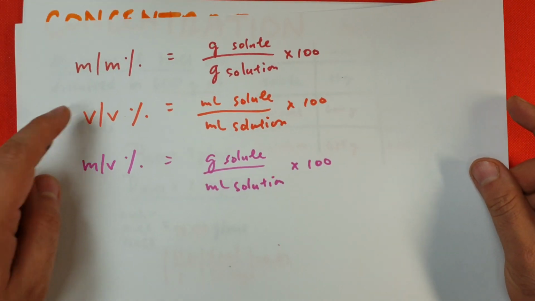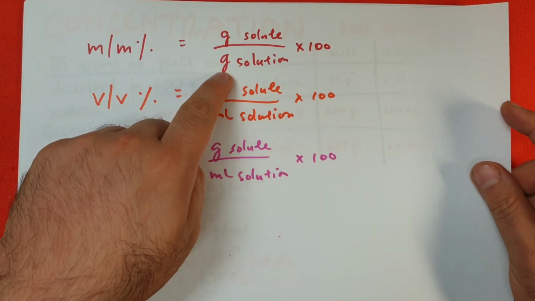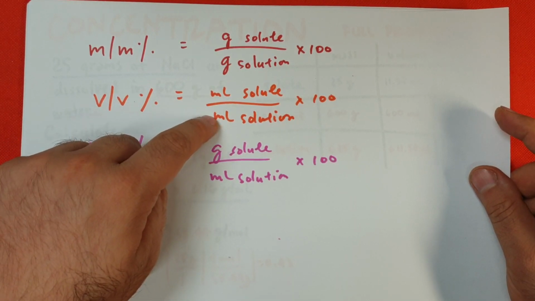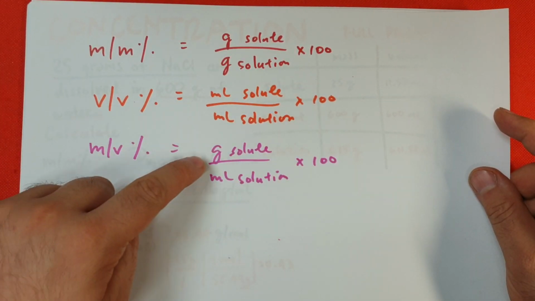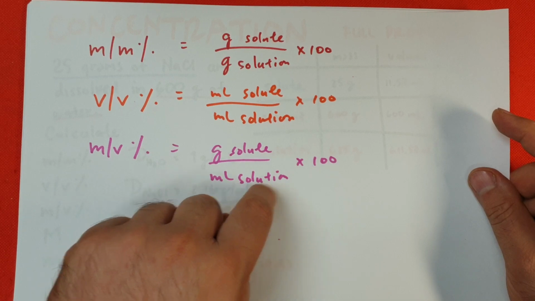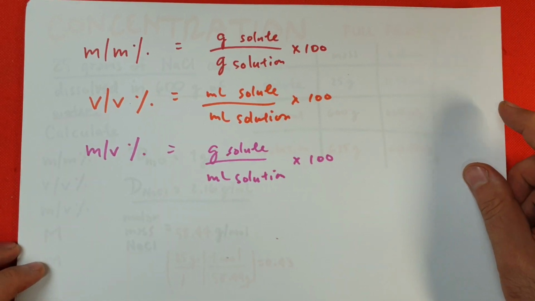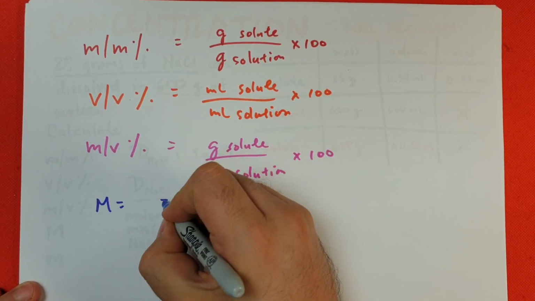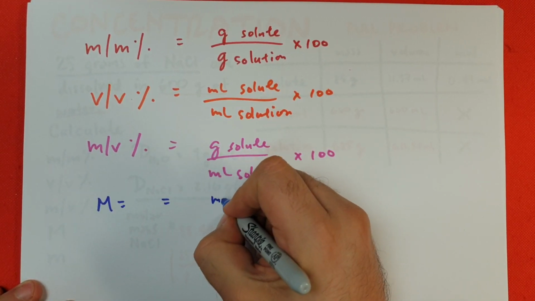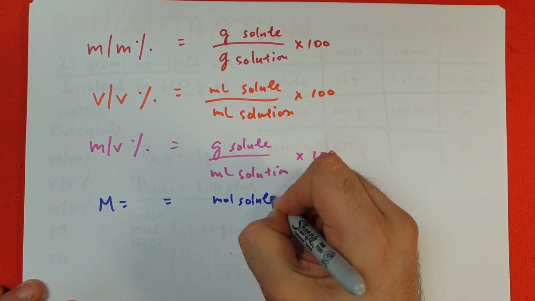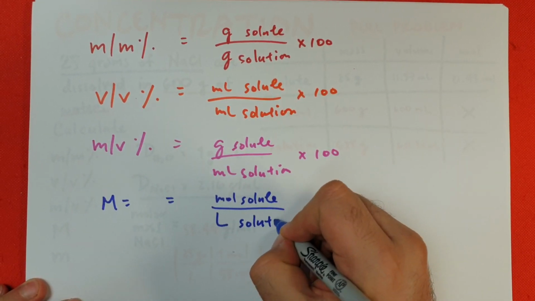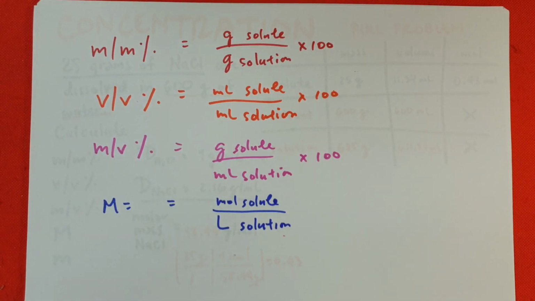Mass percent is grams of solute over grams of solution times 100. VV is milliliters of solute over milliliters of solution times 100. MV is grams of solute over milliliters of solution times 100. Molarity is moles of solute divided by liters of solution, and we don't multiply that times 100.